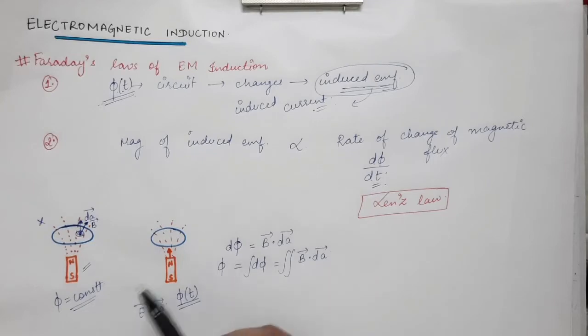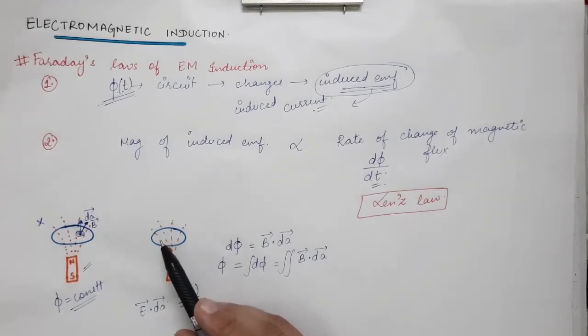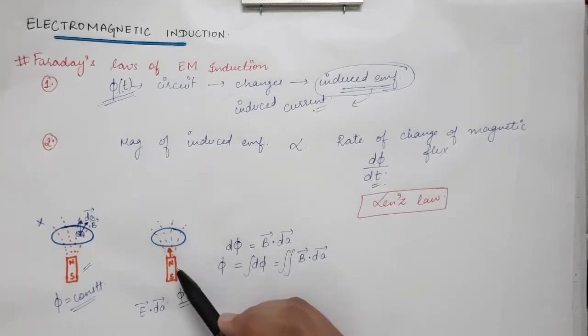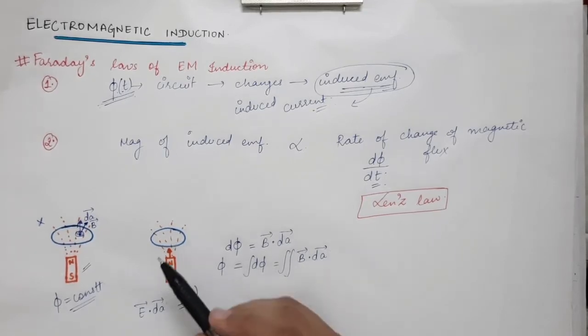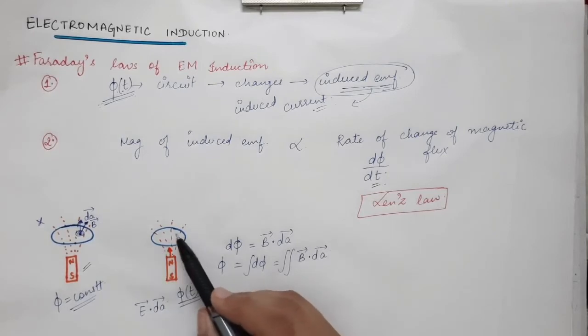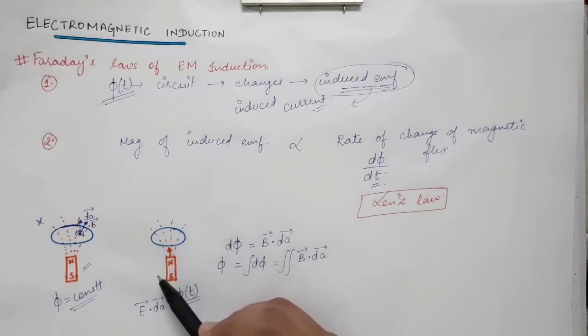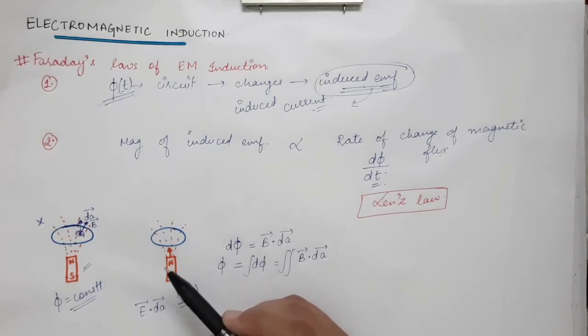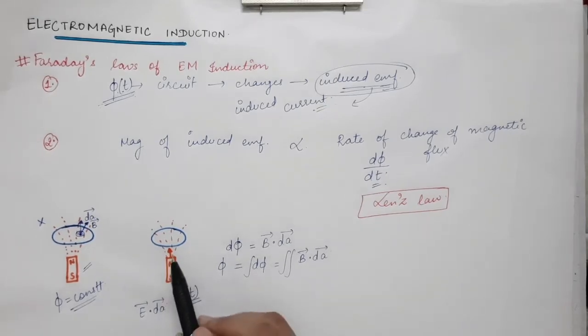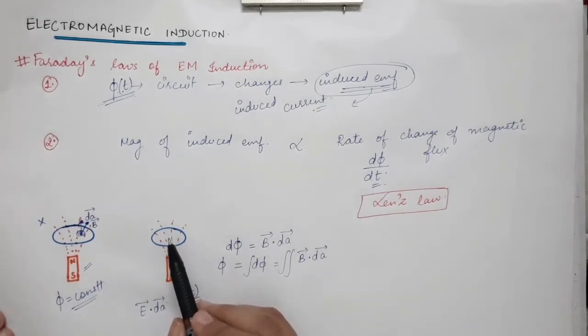If the magnetic field lines linked with the circuit are increasing with time, the induced current will flow in this circuit in order to generate a magnetic field in the opposite direction, and in that case it will oppose the cause of its production. So in this case the magnetic field lines will increase with time.